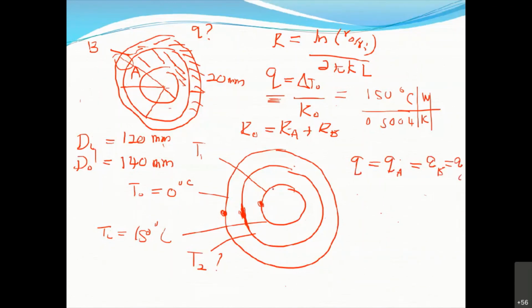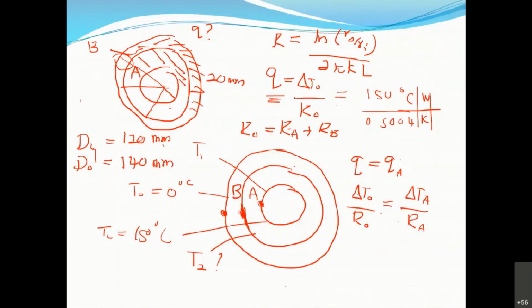In our case, we can label this as QA, this is B. So we can only say that Q is equal to QA. We know that Q is equal to delta T overall over R overall. QA, if it's A, then we put delta TA over RA.